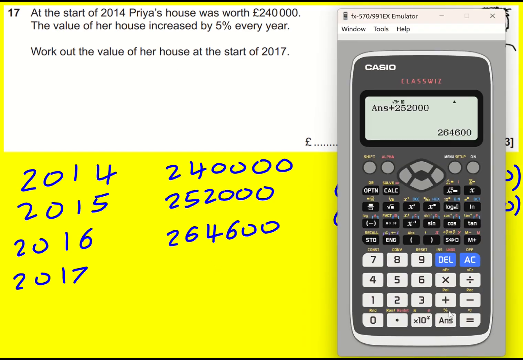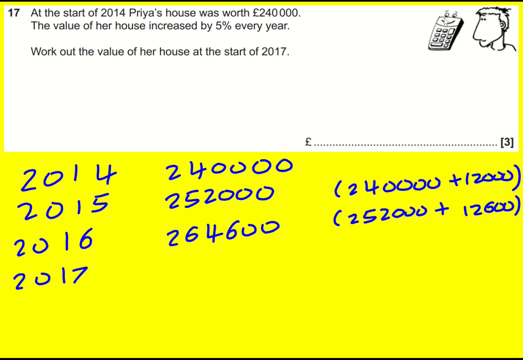Right, finally, I'm going to do 5% of this other number I've just found. I can use the answer button rather than write it all out again. And I get 13,230. I can add that. Sorry, it's not quite lined up, is it?